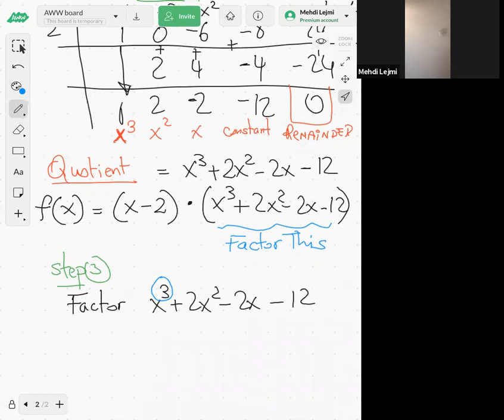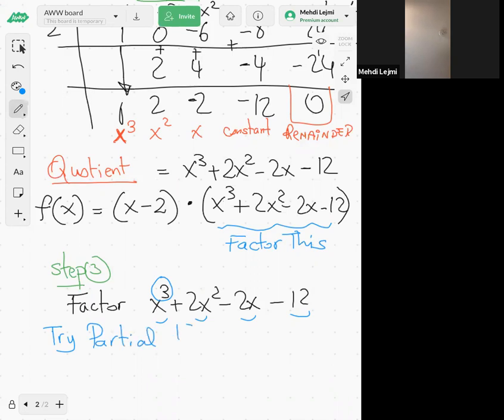But there's no common factor; x is not the common factor. So we have to try partial factoring.